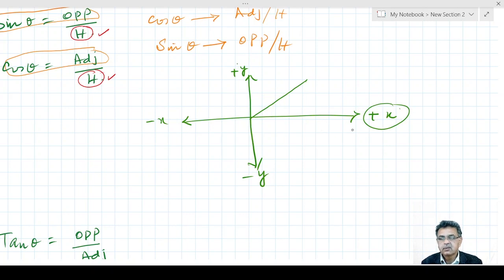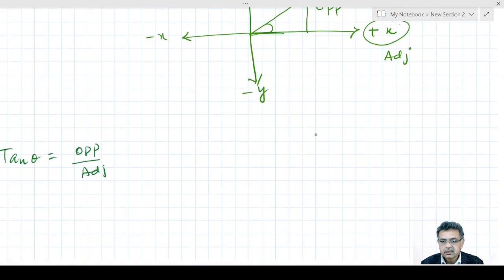We consider all the angles with the x-axis. So the x-axis plays the role of adjacent. That is always adjacent to the angle.